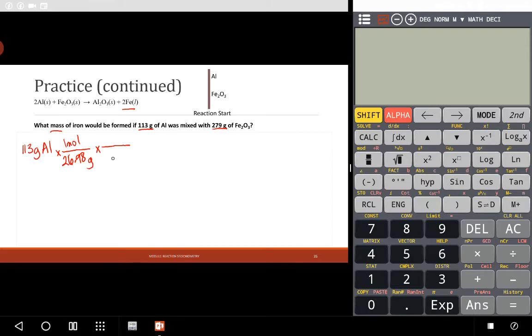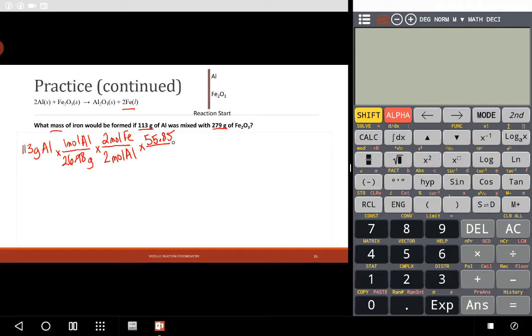My balanced chemical equation tells me I'm going to use up 2 moles of aluminum for every 2 moles of iron that I make. It is asking for mass, and so I'm going to go ahead and calculate mass for this.